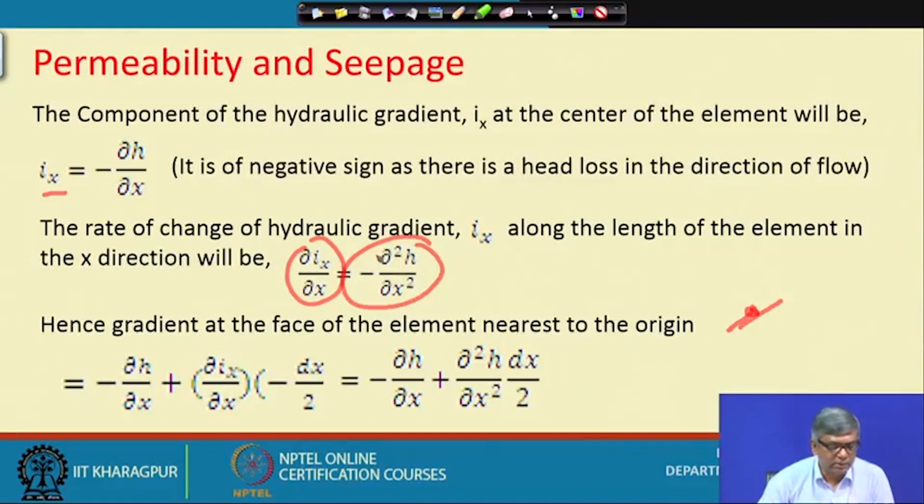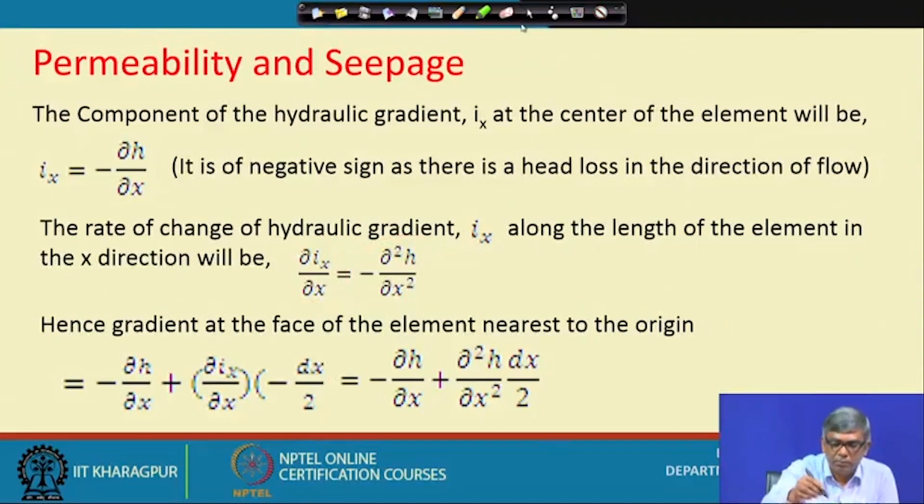Hence the gradient at the face of the element nearest to the origin, that means before the midpoint and after the midpoint, I consider the nearest one, the one before the midpoint. The original is this and this is the change. There is a bracket mark missing. Otherwise this is del Ix by del x into minus dx by 2, because over that much distance in the negative direction. Ultimately if I simplify, you will get this.